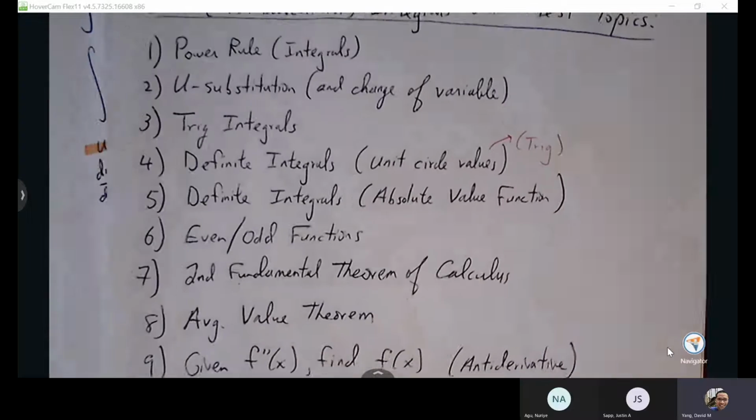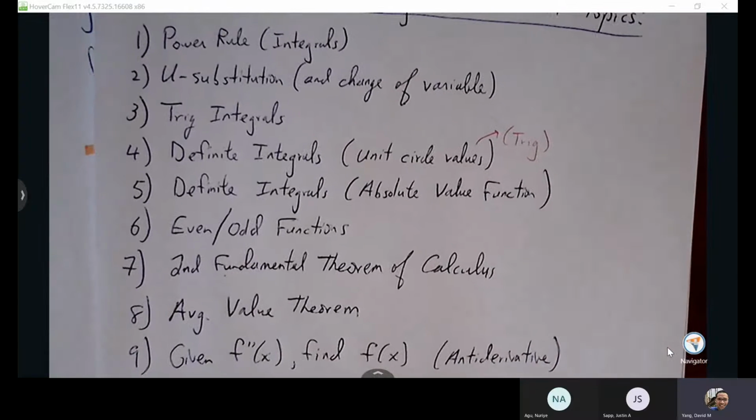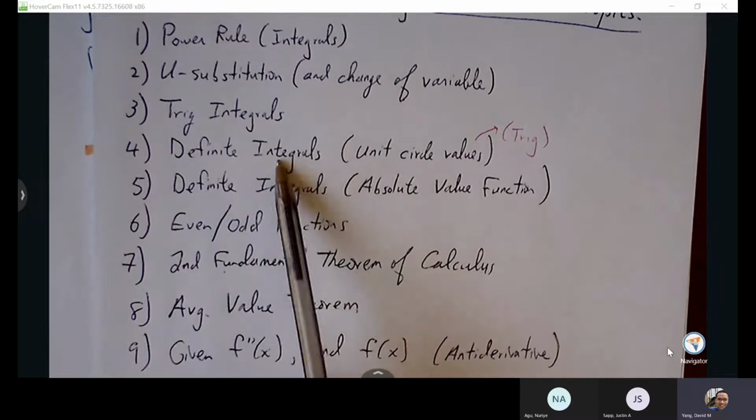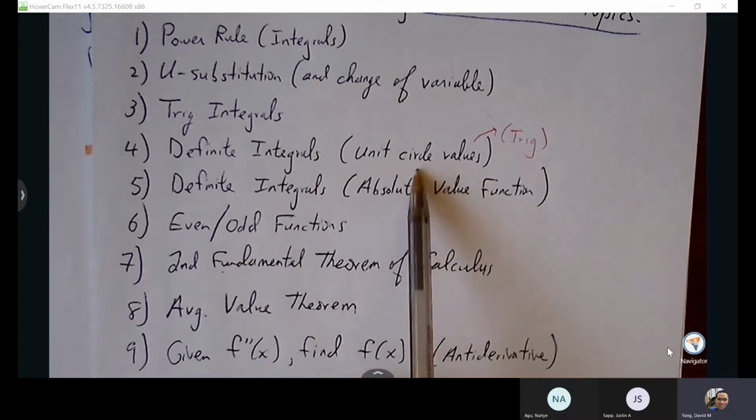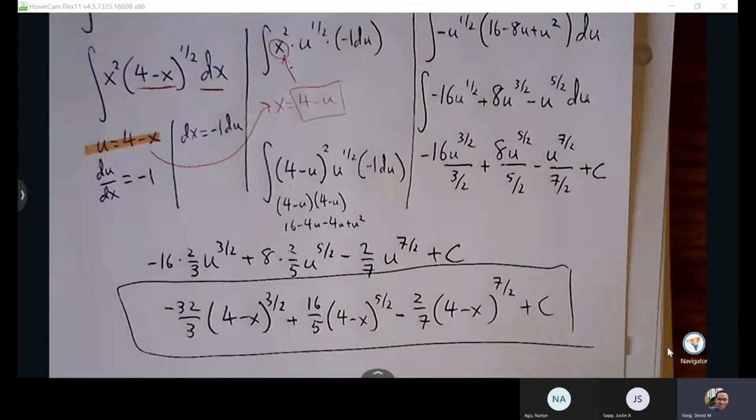Okay, so next thing I want to go through is definite integrals involving unit circle values, so trig definite integrals. Okay, so let's do one of those.